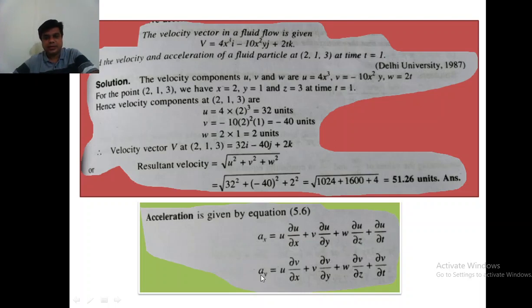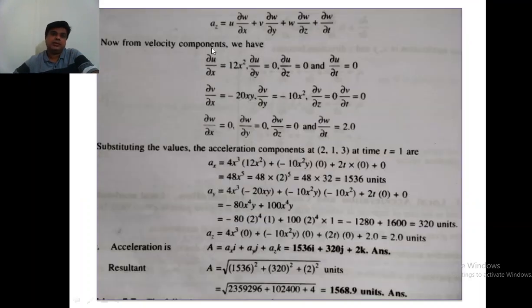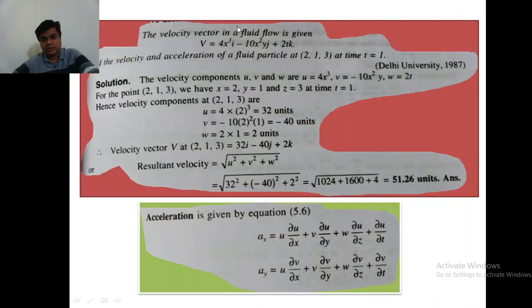The acceleration ay is given by this equation, and the acceleration in the z direction is given by this equation. So just substitute all the values. You take the differentials of u with respect to x, u with respect to y, and u with respect to z. You have to differentiate the term u with respect to x, y, z, and take the differentiation for each term.